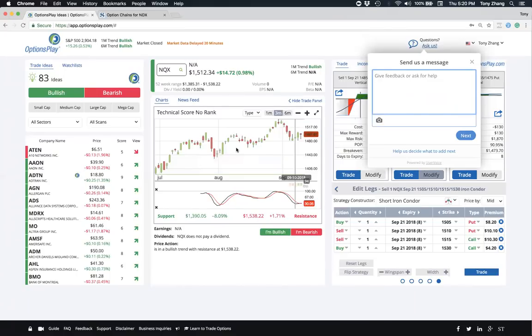So for those of you that are trading index options for the first time, that is one of the differences between trading index options versus ETF or stock options, because stock options all expire on Friday and settle based on the Friday closing price. On the NDX, the monthly expirations are still AM settlement. So they stop trading on Thursday afternoon at 4:15, and they are settled based on the Friday opening price.